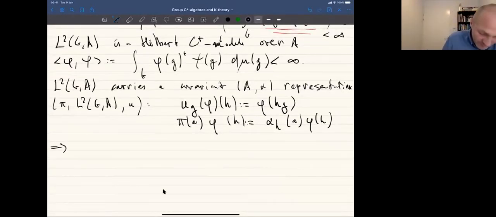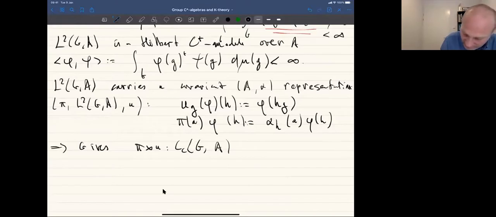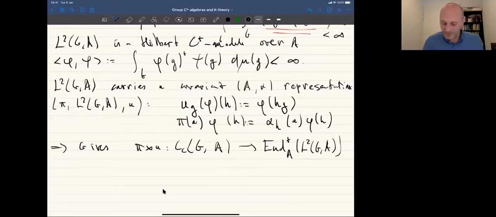So this gives us pi cross U from C_c(G,A) into the adjointable endomorphisms. So here we have A acting from the left and from the right in different ways.